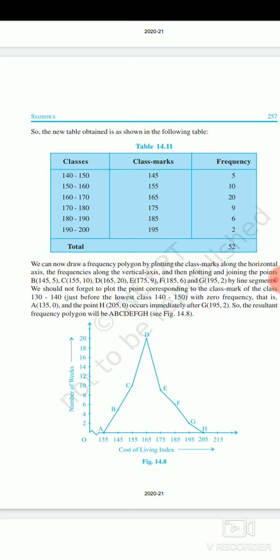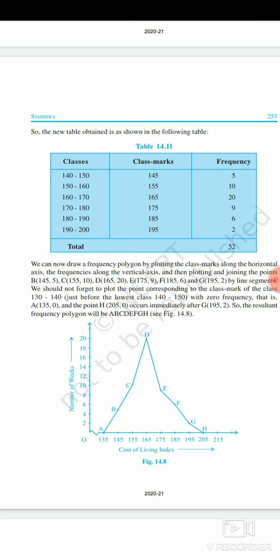So just understand two things. One is how to plot the starting point from the given classes, and the other is how to plot the starting point from your class mark. Things are different. Using class mark, you need to subtract the class width from your first class mark.